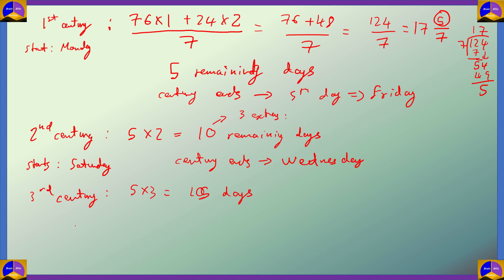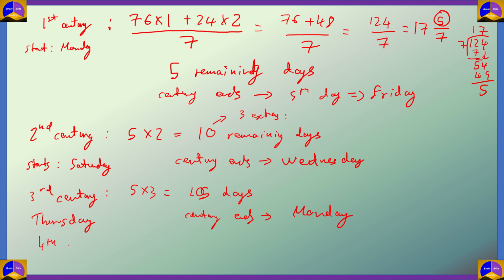So this century, since the last one ended on a Wednesday, this one begins on a Thursday. And when we calculate it, we've got 2 weeks already out, so therefore the 15th day is a Monday. So the century ends on a Monday.